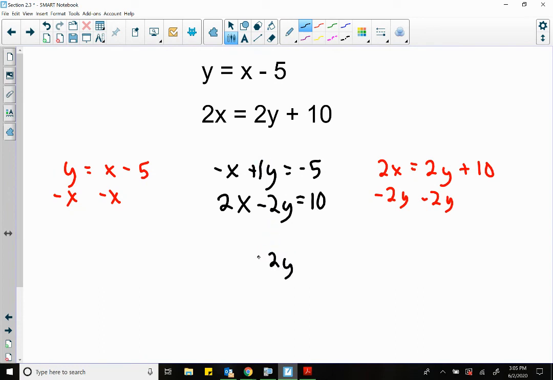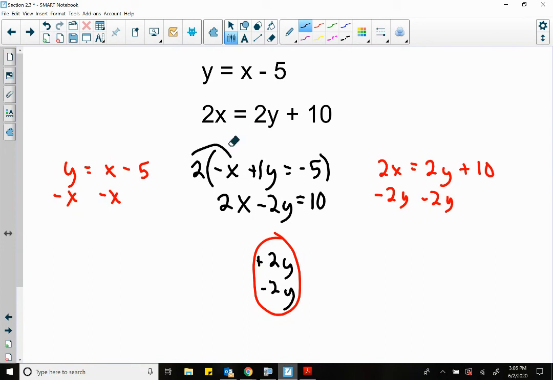So I'm going to have a positive 2Y on top and I'm going to keep the negative 2Y on the bottom. So I'm going to make sure my goal is met this way. So what times 1 will give me 2? And that's 2. I don't have to do anything to the bottom one.